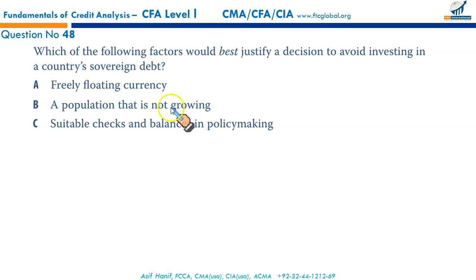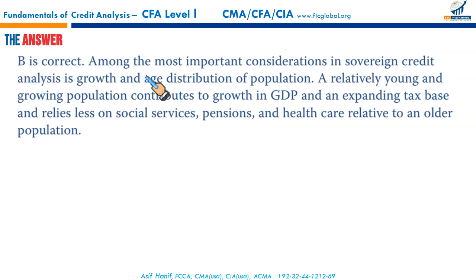But if the population is not growing, that indicates it would be the wrong decision to invest in such sovereign debt. So if the population is not growing, it is a right decision to avoid investing in this country's sovereign debt. So that makes B the correct option, and it ends our EOCs.